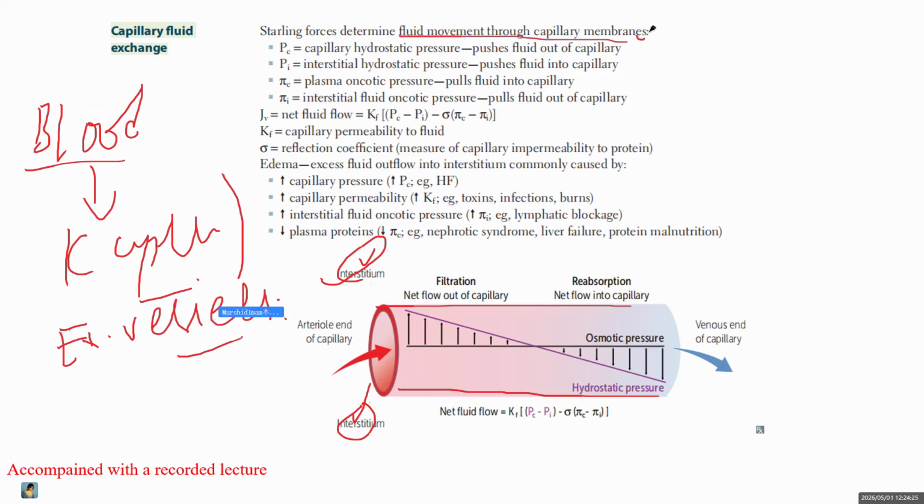The first thing you have to remember is that fluid is constantly moving out of the capillaries into the interstitium, and also from the interstitium back into the capillaries. The direction and amount of this movement depend upon certain forces, known as the Starling forces.